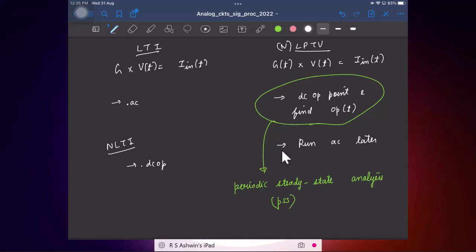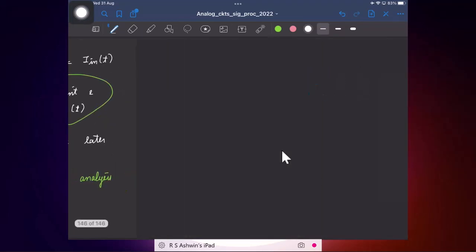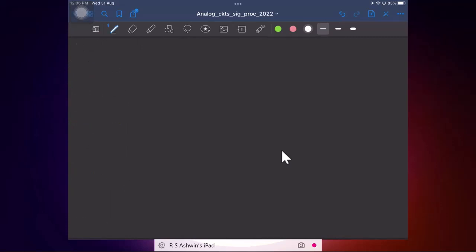So basically this is an equivalent of DC operating point, but for periodically time varying networks. That's all. Okay. So let's now see how PSS actually works at a very top level, and see how you can configure your simulator to set all the parameters properly.